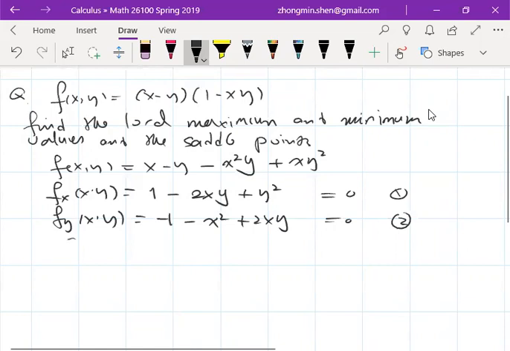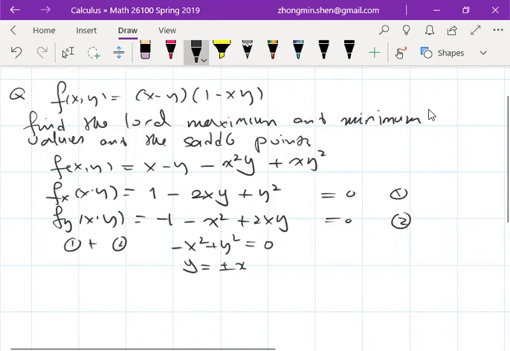So it's a very natural idea, just add them together. One negative, one positive is gone, right? So what you get here is just negative x squared plus y squared equals 0. Of course, there are still two variables there, but this equation is simple. So I can tell that y equals plus minus x.